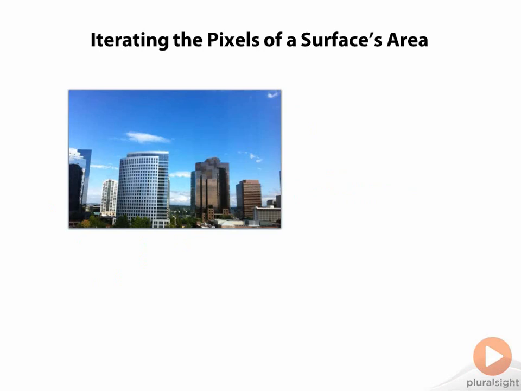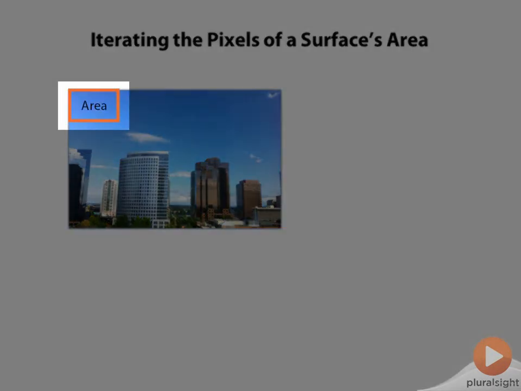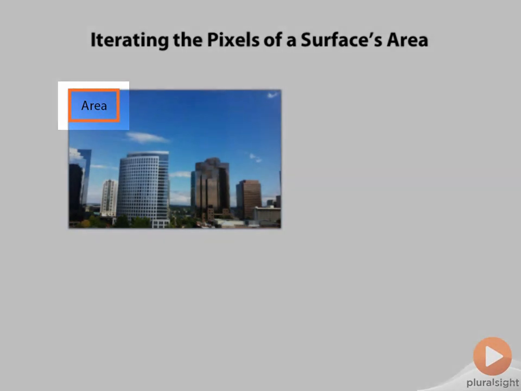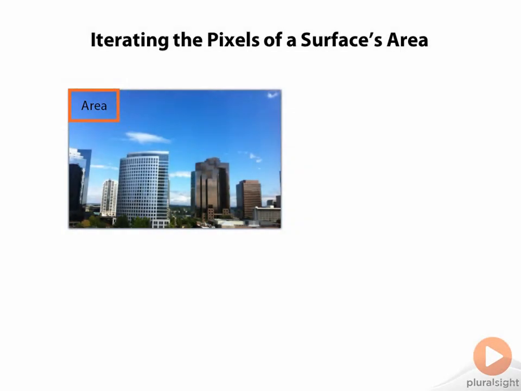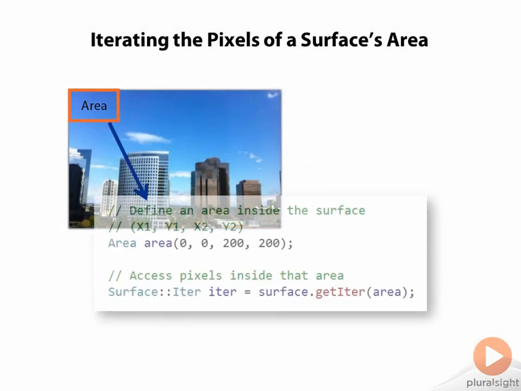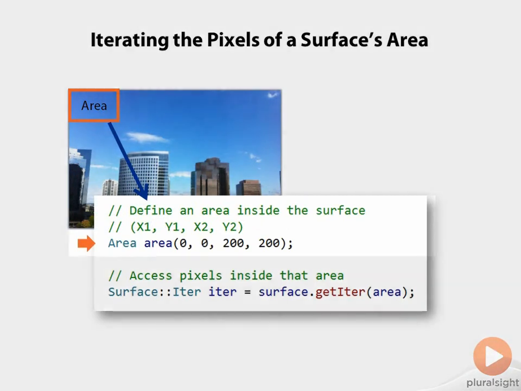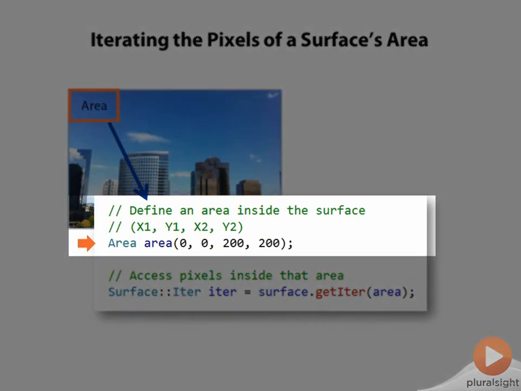In the previous slide, I showed how to iterate through all the pixels in the surface. In addition, it's also possible to iterate through the pixels inside a given area of the surface. To do that, we can use the Cinder area class. We can create an instance of the area class, defining a rectangular region inside the whole surface.